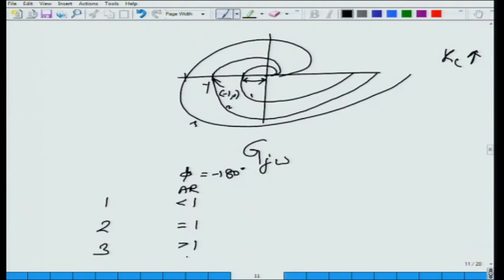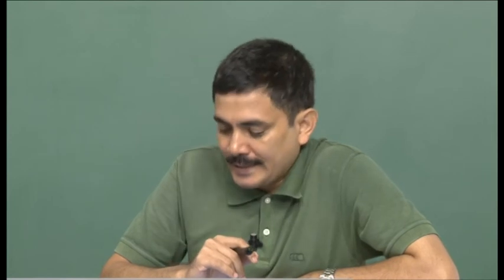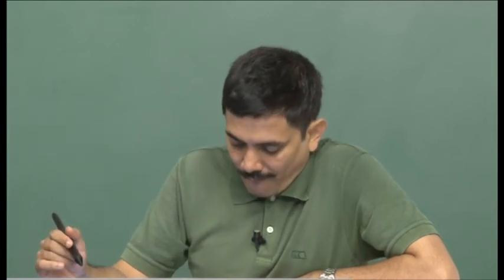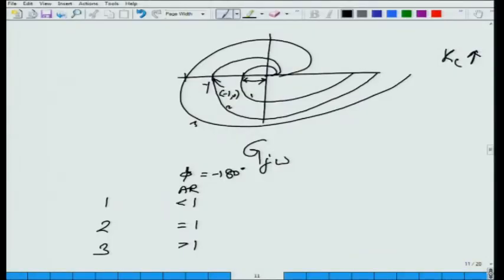So, you can clearly see that if I am plotting the Nyquist plot or the polar plot of the open loop system transfer function, then at the frequency where the angle is minus 180 degrees, the amplitude ratio is less than 1, equal to 1, or greater than 1. The first would be stable.